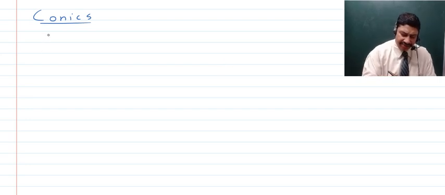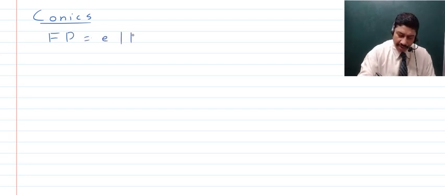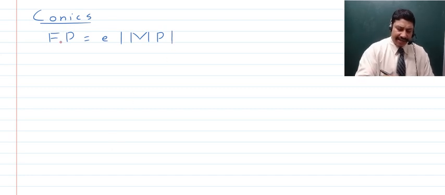And that is the reason why every conic has an equation, FP is equal to e times mod of MP, right? Now, children, like I told you, F here is the focus, the fixed point, right?